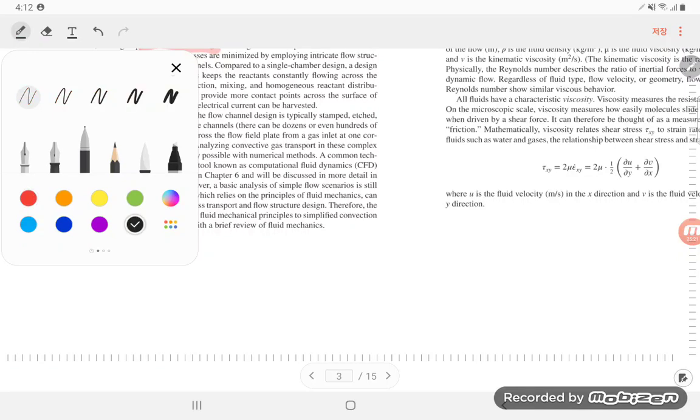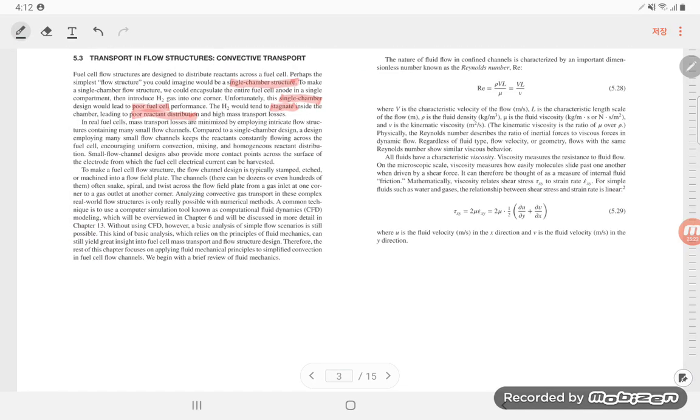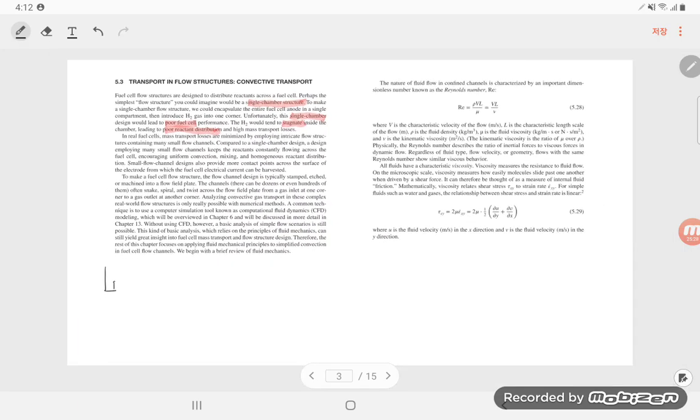Okay, let's draw a schematic of this. If there is a bipolar plate, this is the chamber, right? This is the chamber, and it should contact the gas diffusion layer.